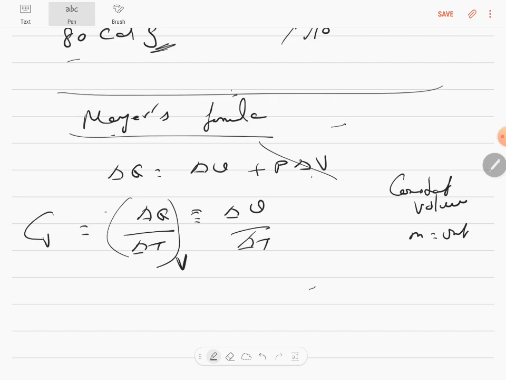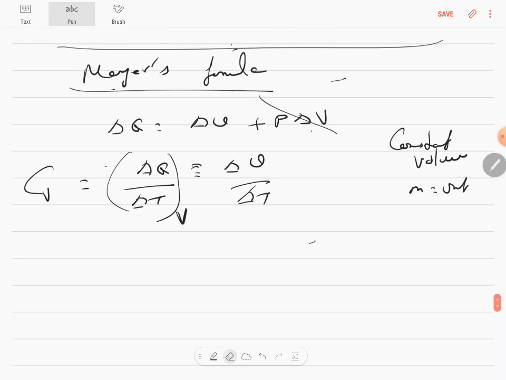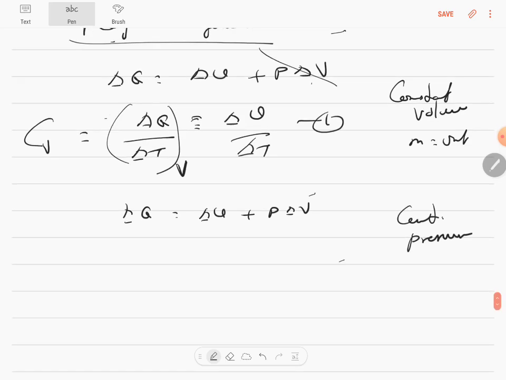CV is the specific heat, delta Q by M into delta T, but M can be considered as unity. Therefore, this is your first conclusion. Now let's take the same statement, delta Q is equal to delta U plus P into delta V, and study it under constant pressure. So under constant pressure, what will happen?